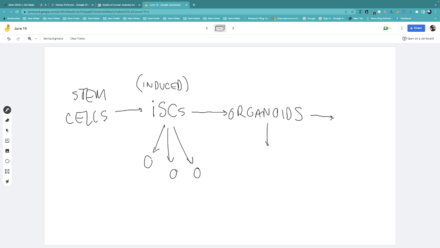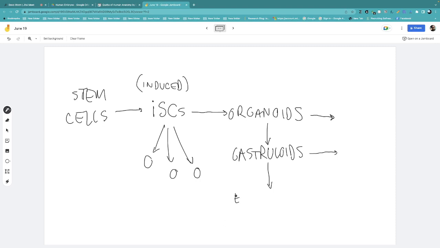Then we have gastroloids, which allow us to look at gastrulation in very early development and the formation of some of these organs or organ systems, at least as they're forming. So in organoids, you tend to get a lot of tissues that are together in the same structure. In gastroloids, you're recapitulating gastrulation.